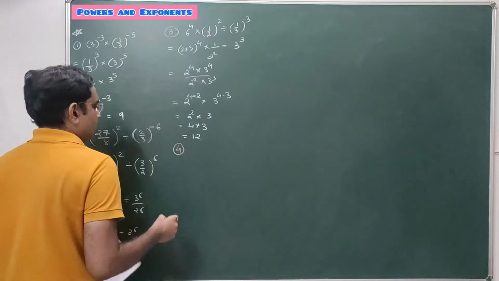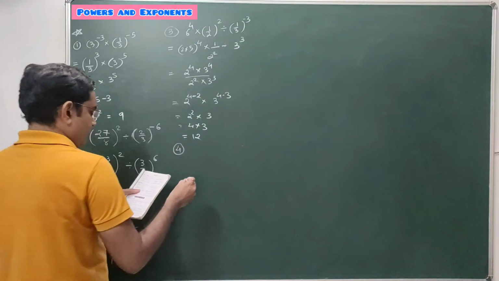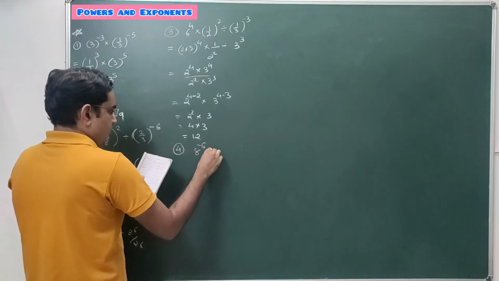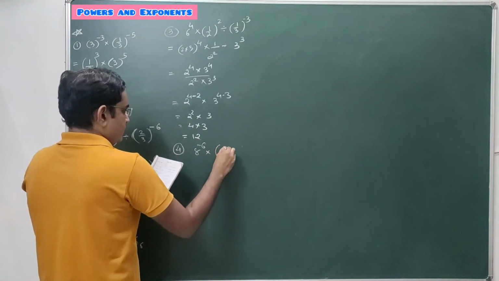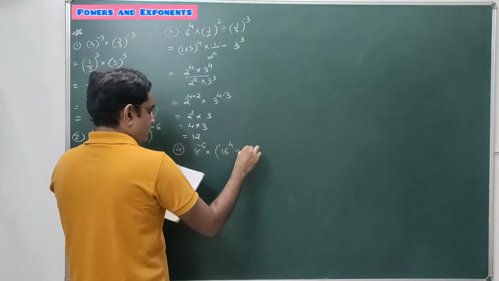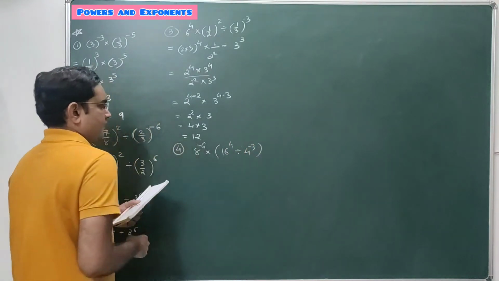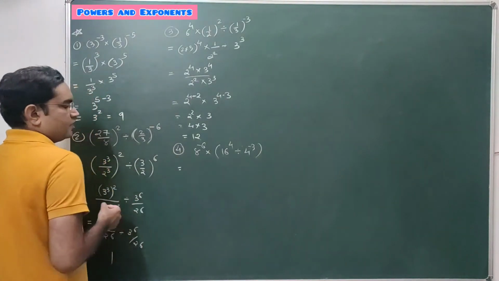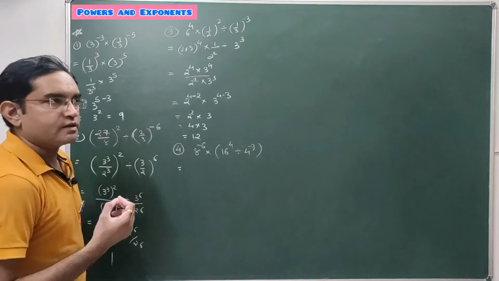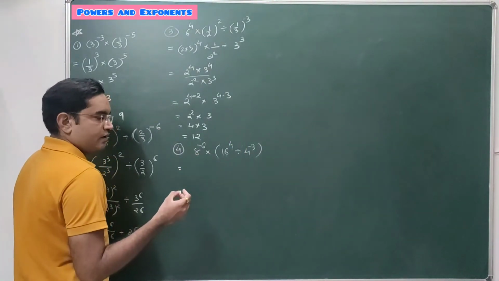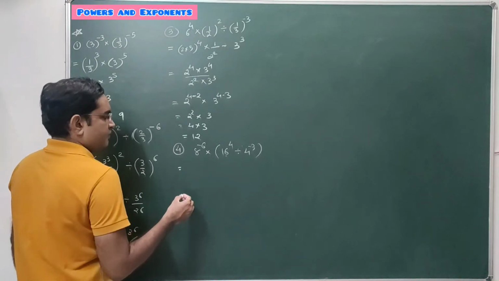So now question number 4. Here it is given 8 raised to minus 6 multiply by 16 raised to 4 divided by 4 raised to minus 3. So now first we will try to make the base of all the exponent forms equal. So 8, 16 and 4 can be written in the form of power with base 2.